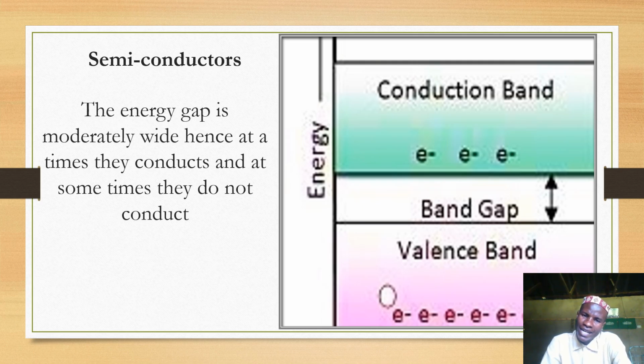So when electrons in the valence band cross over to the conduction band, the semiconductor starts to conduct and behaves like a conductor. But when the electrons in the valence band are not able to cross over to the conduction band, the semiconductor behaves like an insulator.